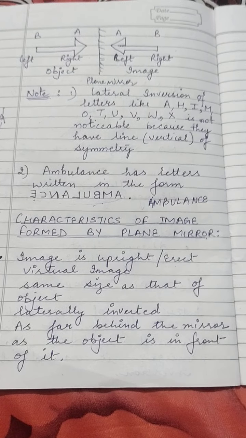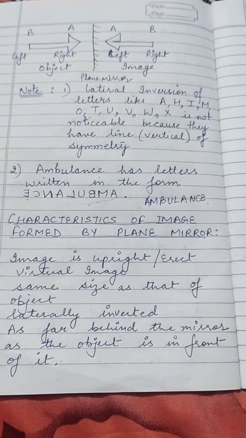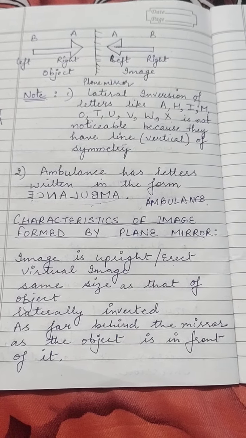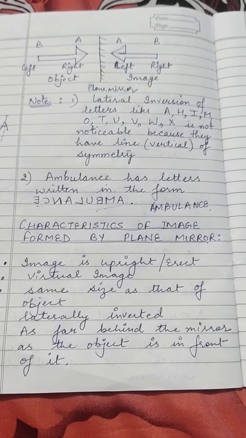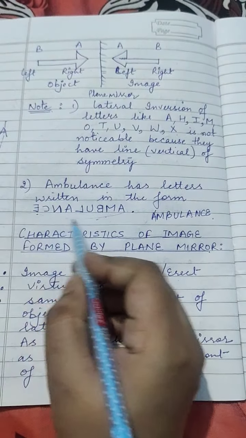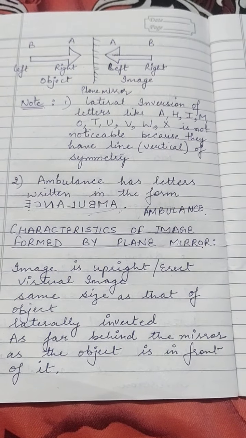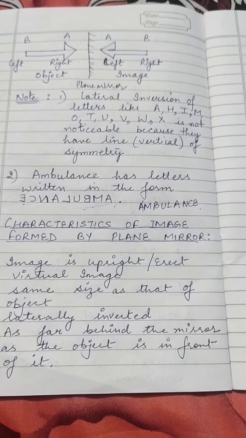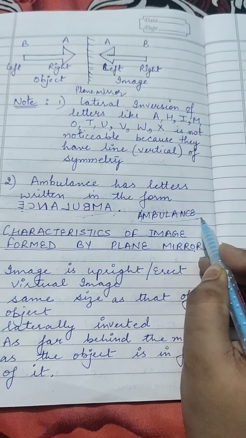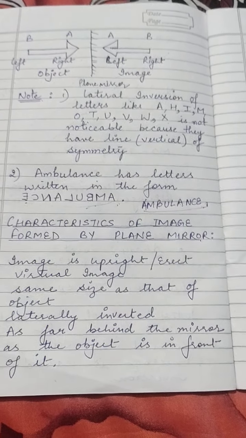He can see the word ambulance written like this in his mirror. Got it? The rear view mirror is also known as the driver's mirror. Got it, beta? On the ambulance it is written like this, and whenever any person driving ahead sees that in his driver's mirror, the word appears like this, that is, laterally inverted.